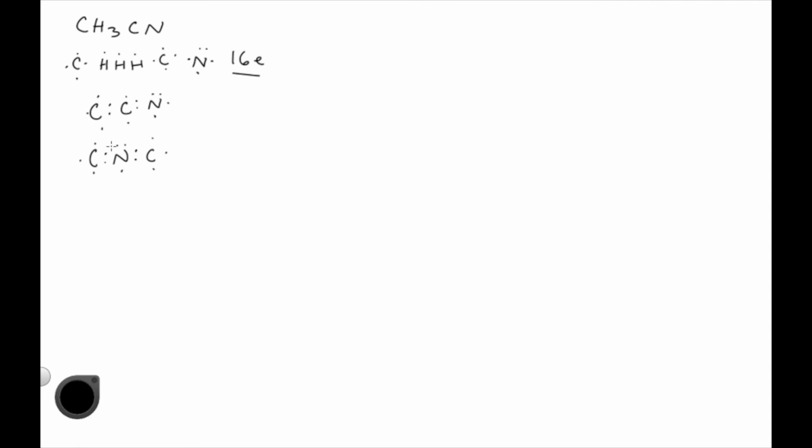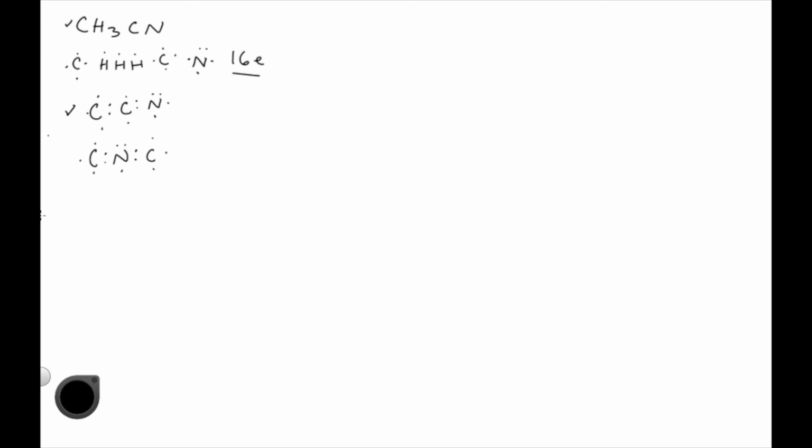So we want to draw it the first way, this way, because of the condensed structure of acetonitrile, right? In a condensed structure, groups of atoms are clustered together when possible. So that's the condensed structure, which is this structure right here.